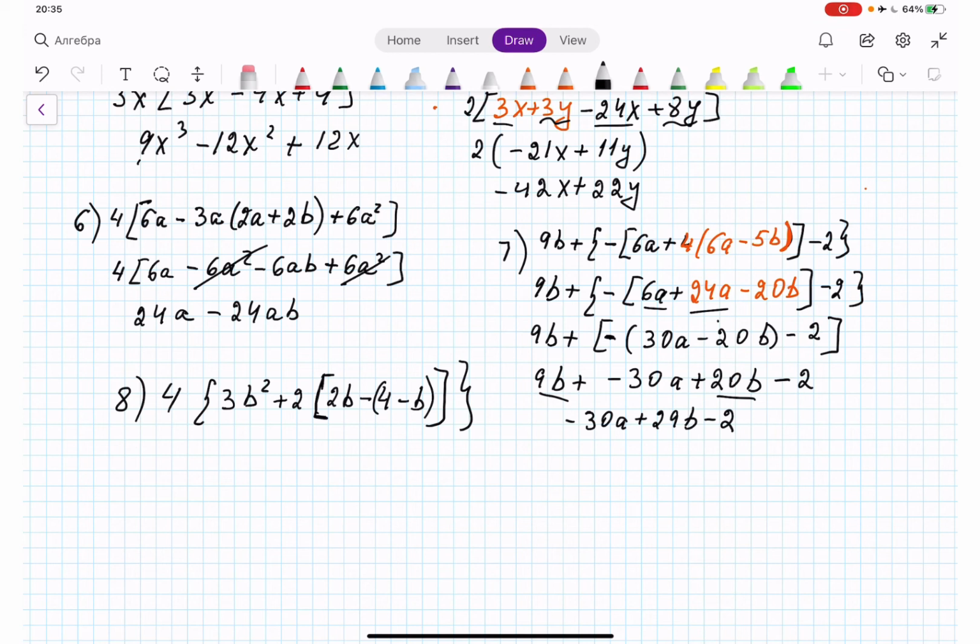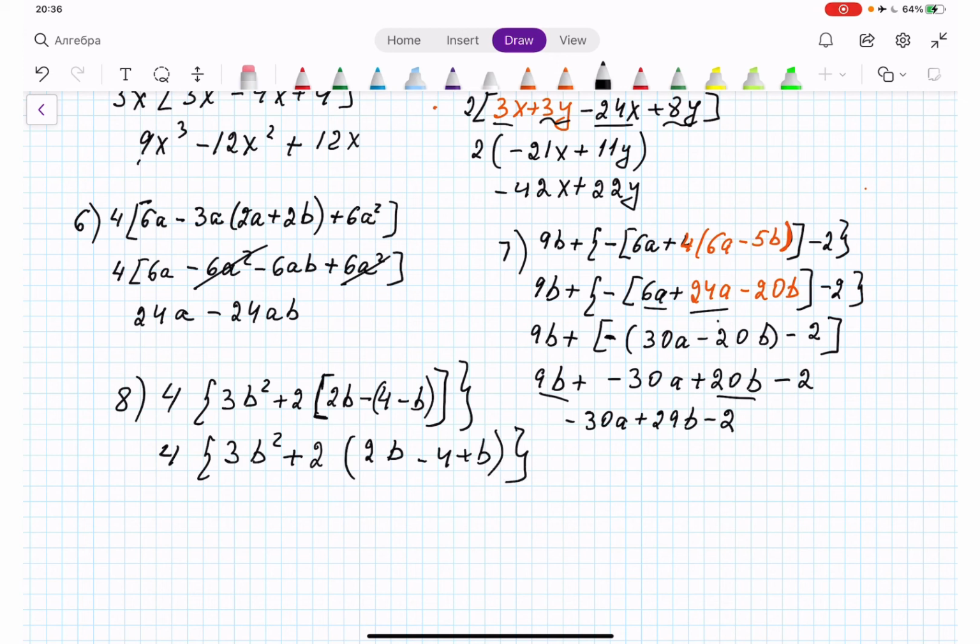Okay, let's start solving. 4 times 3b squared plus twice, I'm opening parentheses here, so the square brackets are replaced with parentheses. It's going to be 2b minus 4 plus b.